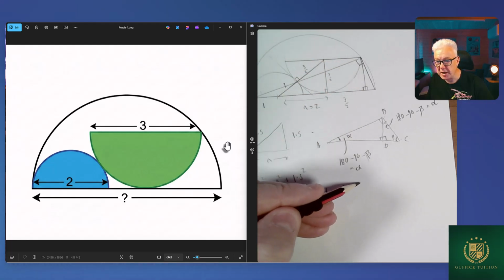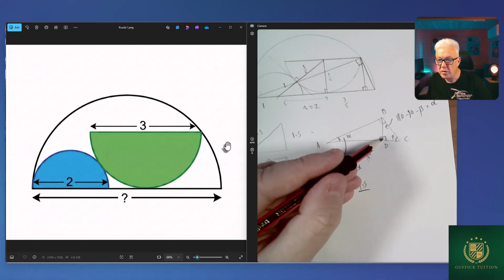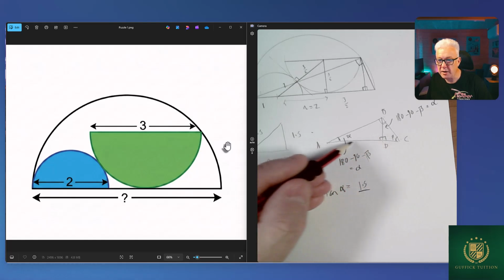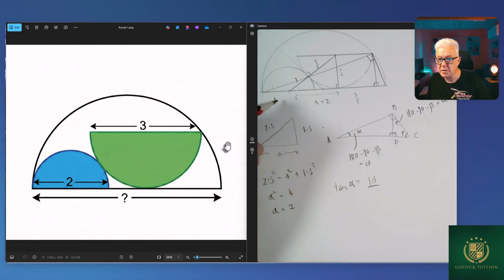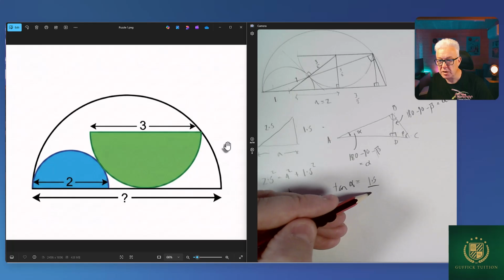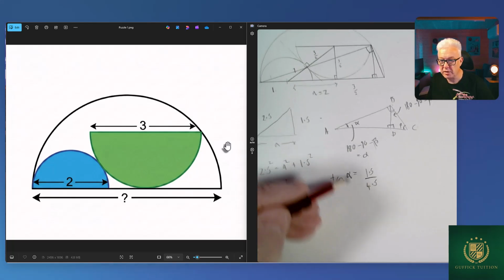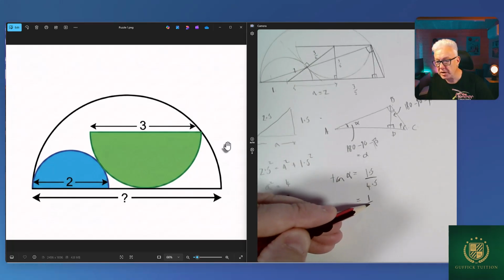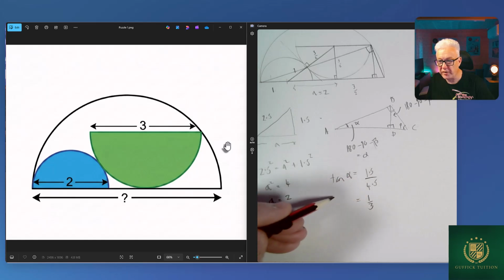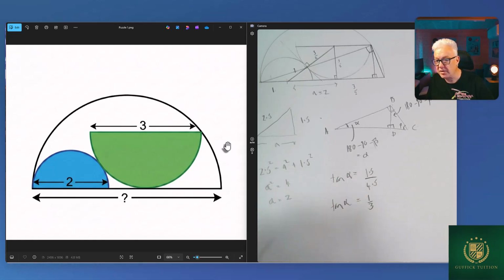So the opposite is 1.5. And we remember we worked out that this side here was 4.5 because it was 1 add 2 add 3 over 2. So that was 4.5, okay? So in other words, we know that tan alpha is a third. 1.5 divided by 4.5 is a third, okay? Right, let's park that result.